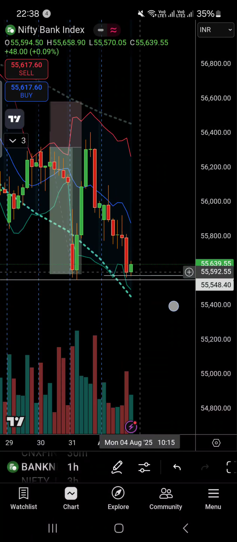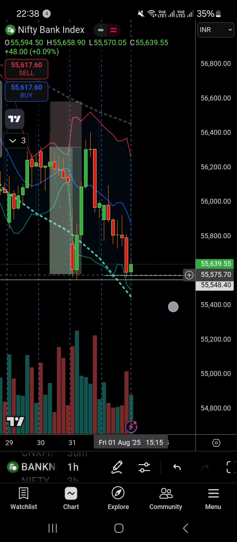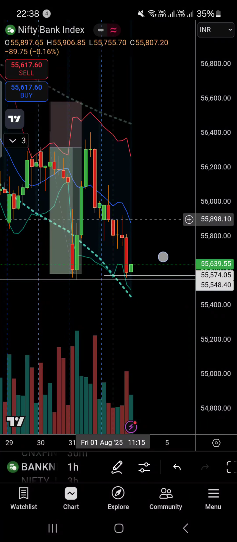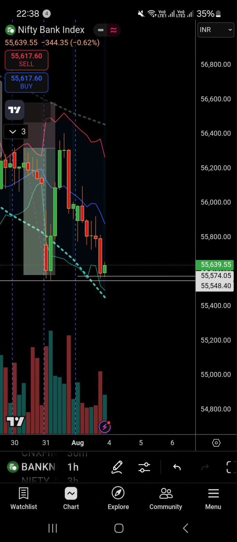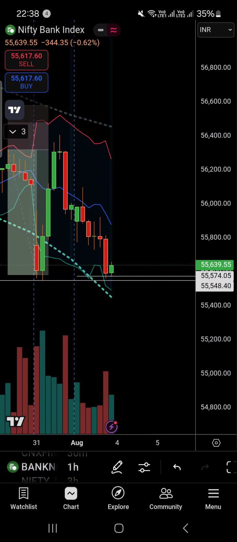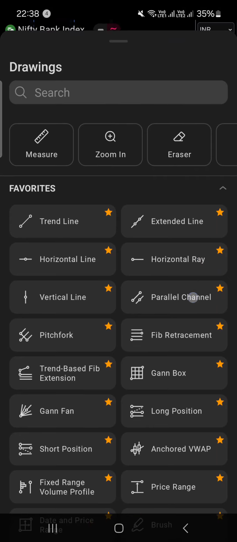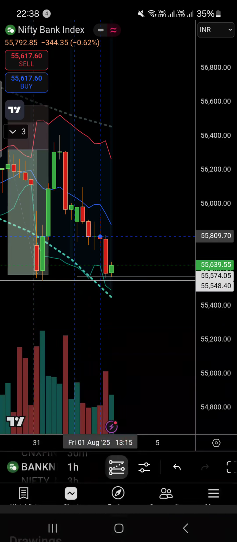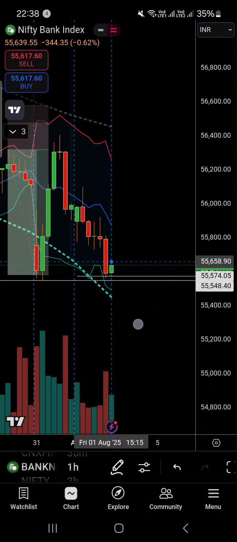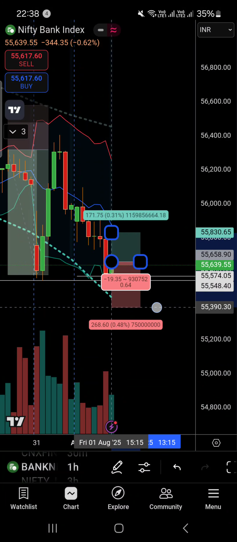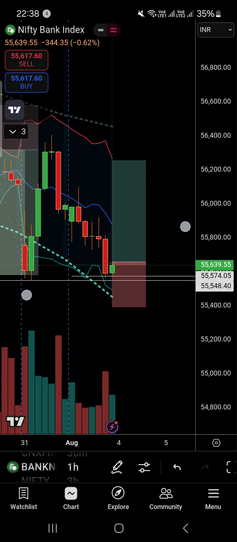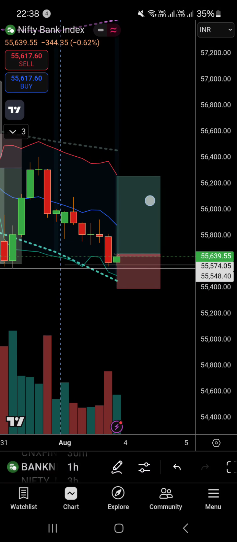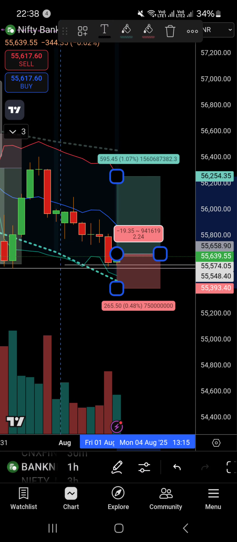It actually made a higher low at this point, and price moved inside the daily Bollinger Band zone. So if we want to take a chance, a weekend trade is risky, but for the sake of discussion, if we had taken a trade there, this is how the trade would look, and you can have a target up to the top of the lower time frame Bollinger Band. It is almost 1:2, right?